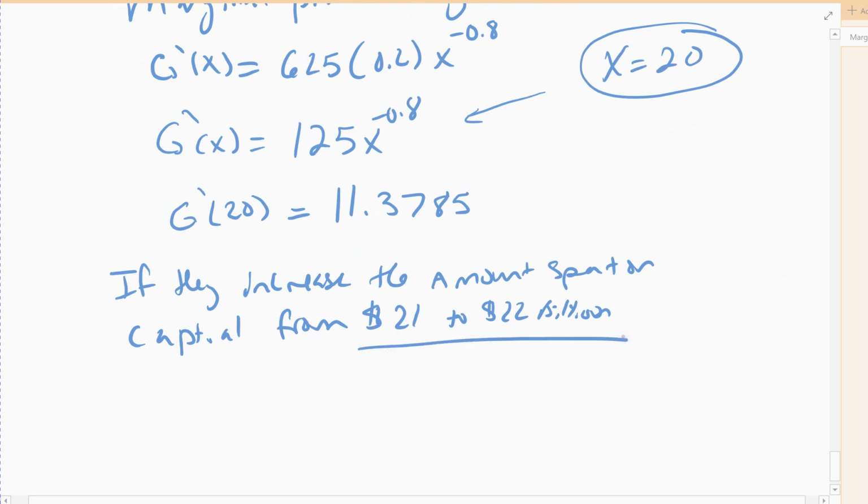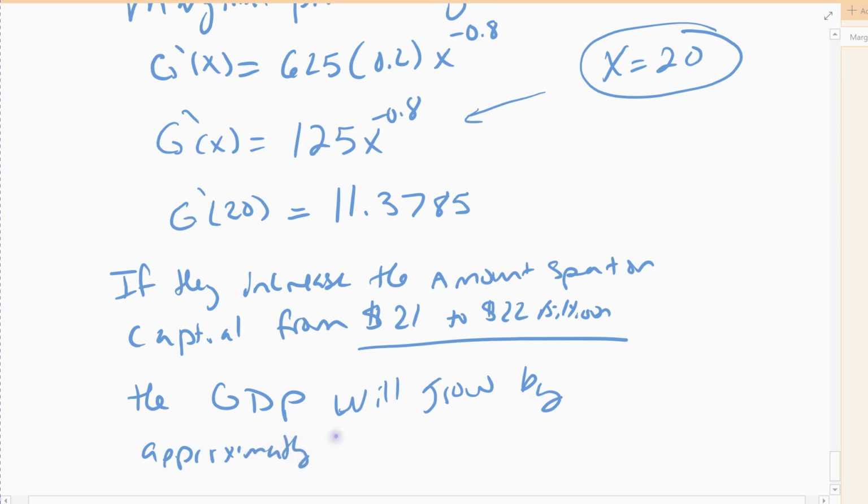So specifically that extra billion spent from 21 to 22, the gross domestic product, the amount of money the economy generates, will increase by approximately $11.3785 billion, which you could probably round a little more than what I rounded there.